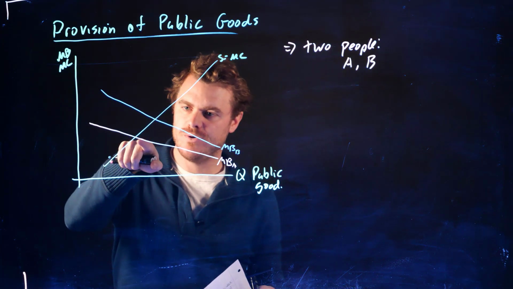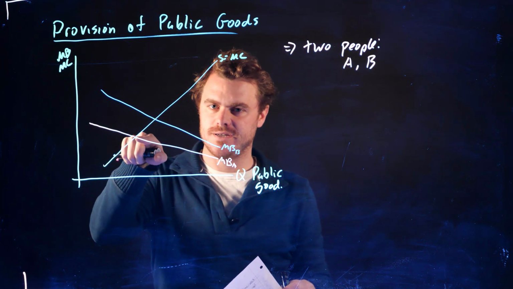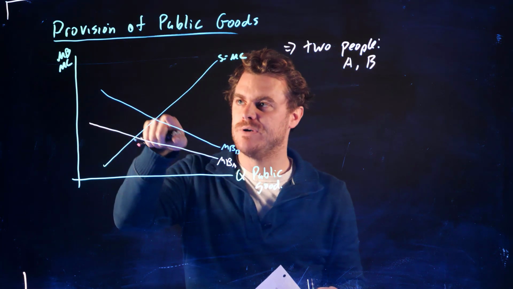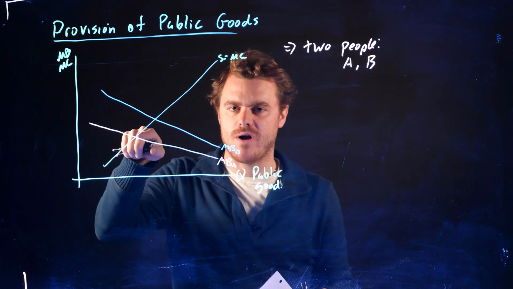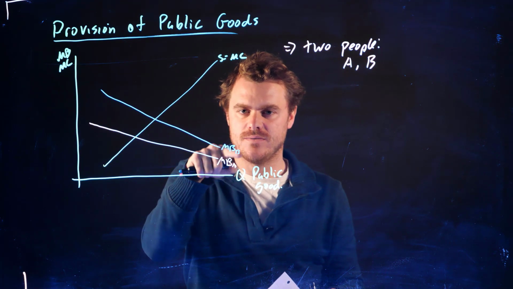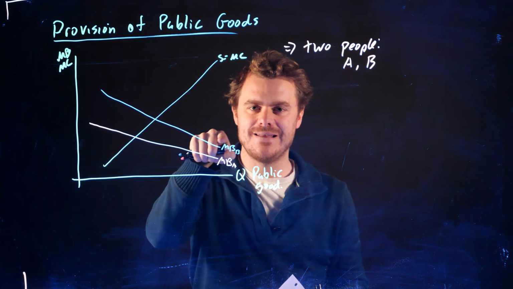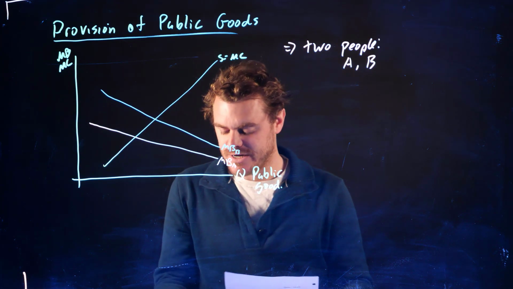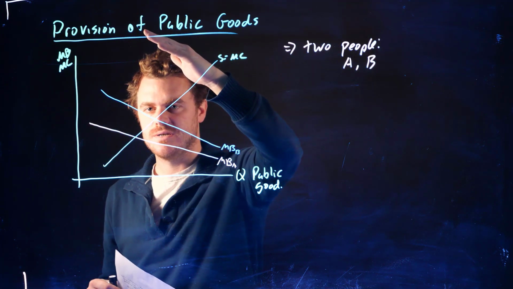On their own, the height of the demand curve is the willingness to pay, or the marginal benefit, for each of these people. But don't forget, this good is non-excludable and non-rival. So person A using this public good doesn't negatively impact person B from using it. And so what we really want to do is vertically add these demand curves.